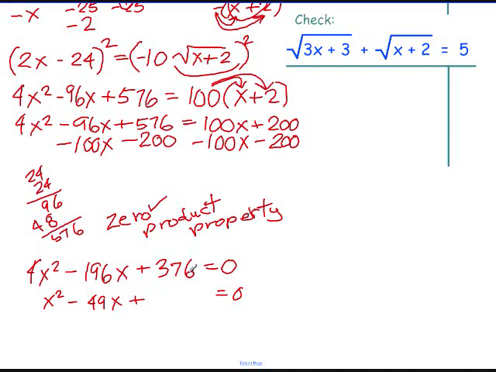And if I divide this by 4, I get 94. Now, check me and make sure I haven't made any mistakes here.